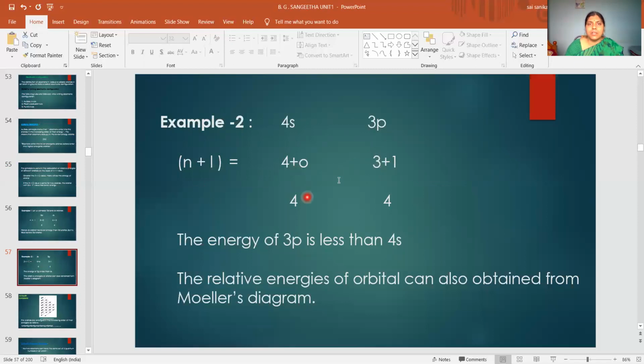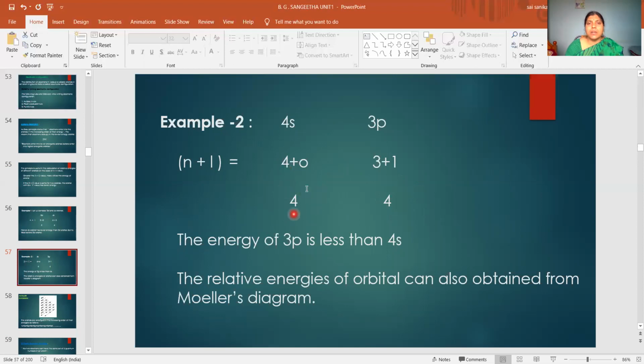So which orbital is having less energy? 3p orbital, because 3 is less than 4. So the energy of 3p orbital is less than 4s orbital.